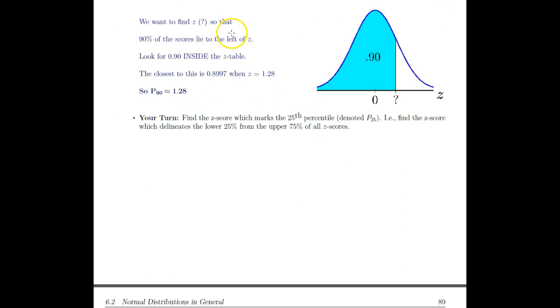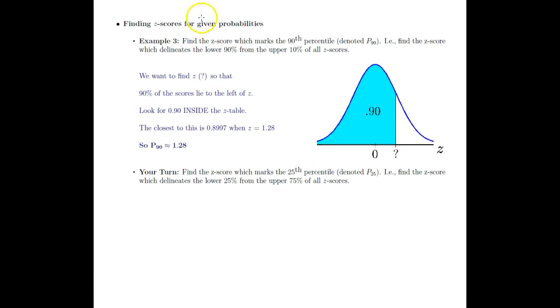Okay, so the last thing I want to talk about is finding z-scores when you're given the probability. So working our way backwards. Find the z-score which marks the 90th percentile. So the z-score which delineates the lower 90% from the upper 10% of all z-scores.